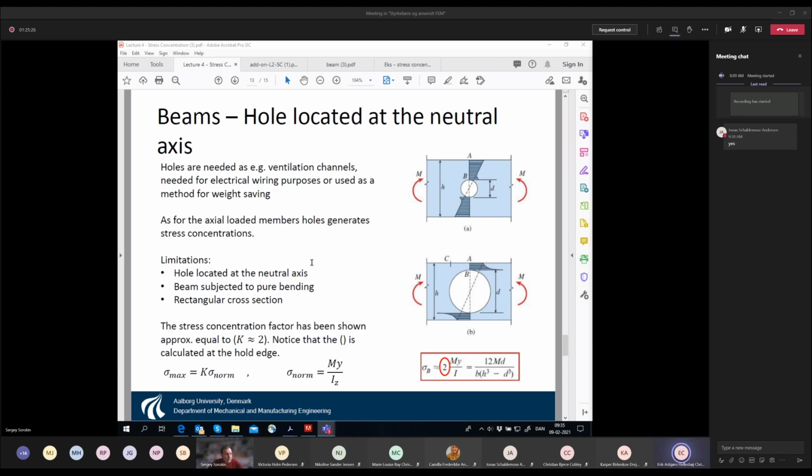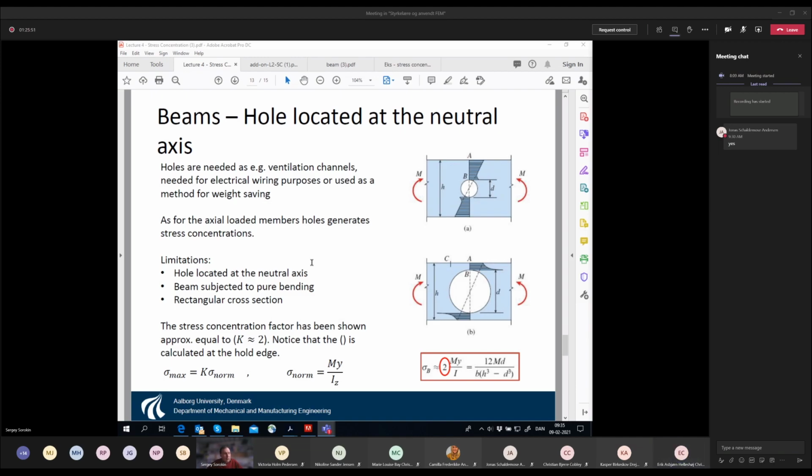With these 2 examples, is it correct that if you want to optimize, you have to balance between the nominal stress and the stress concentration? Yes, so what you're supposed to say is that you have 2 opposite tendencies.